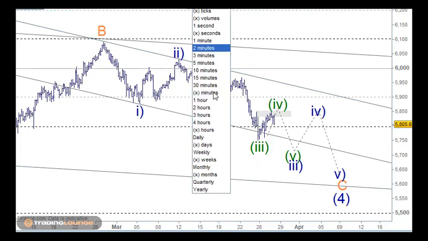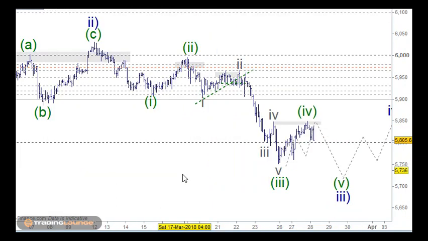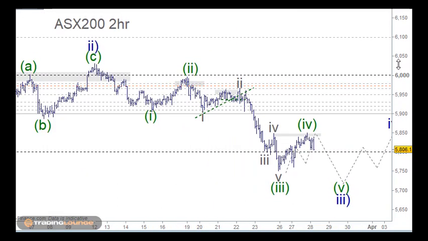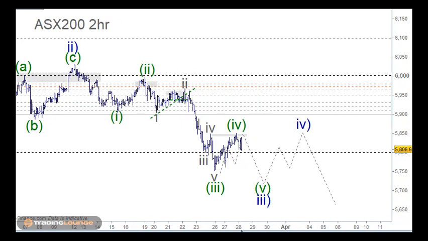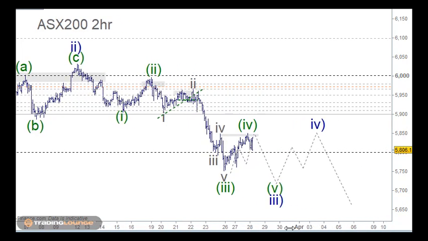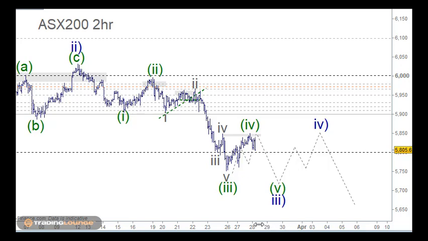Okay, so I'm going to go into the 2-hour chart, and just to put a little more complication into it, I want to get it out of the way now, and we'll readdress it later. From wave 2 here down to wave 3 here, we're looking for 5 waves as 1 and 2 and 3 and 4 and 5.